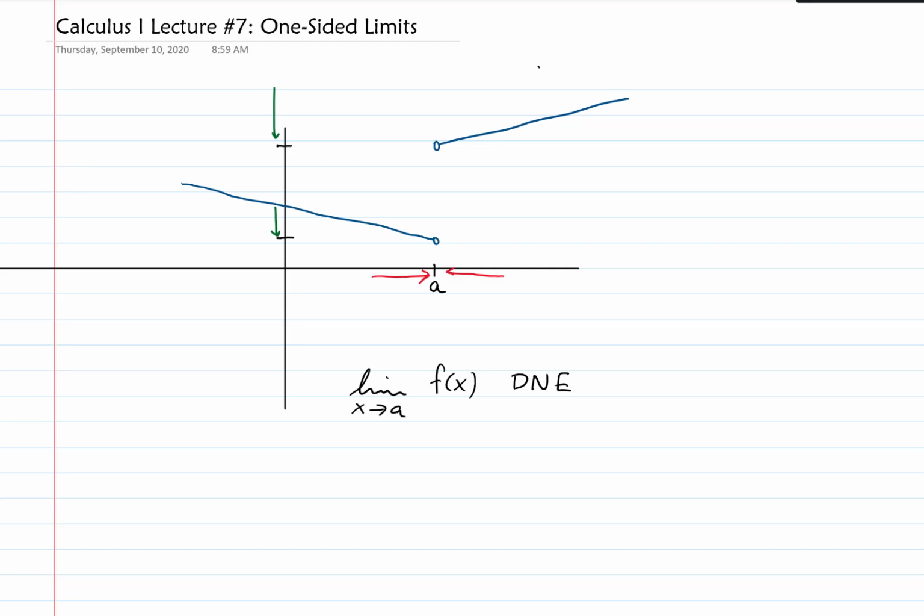Okay? But what we can talk about as sort of like the next best thing is a limit from the left and a limit from the right. Okay, let's just say that this is the number 1 here, and maybe this is the number 4. All right, so here's what we can say.